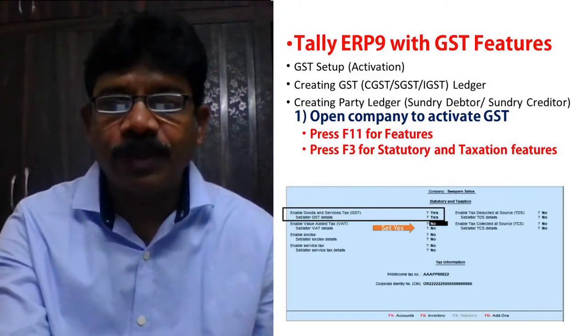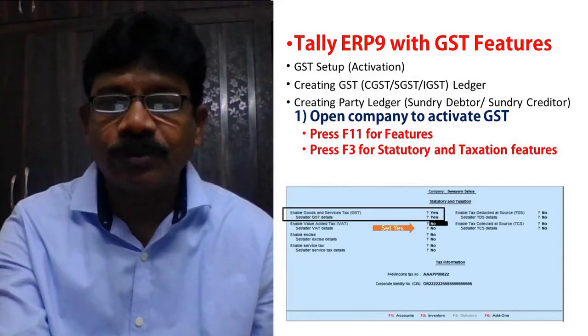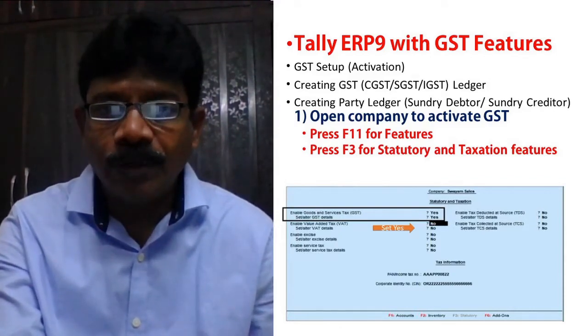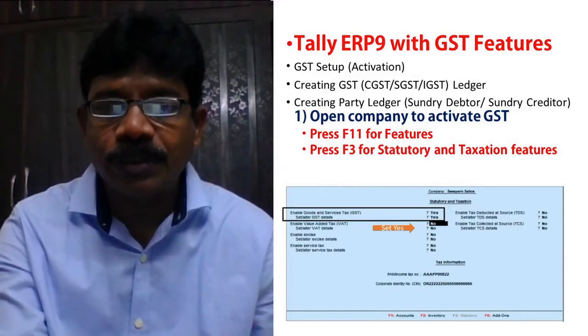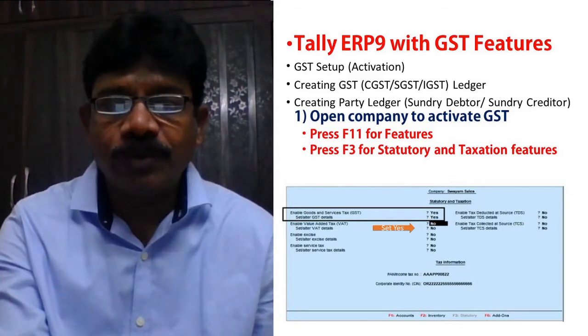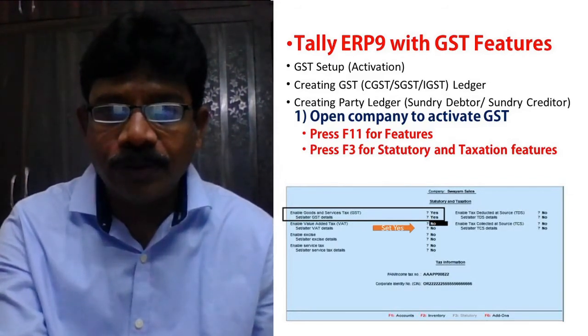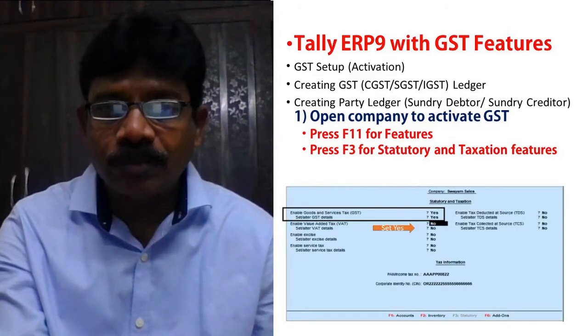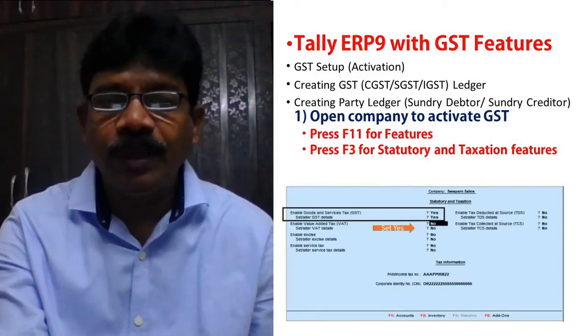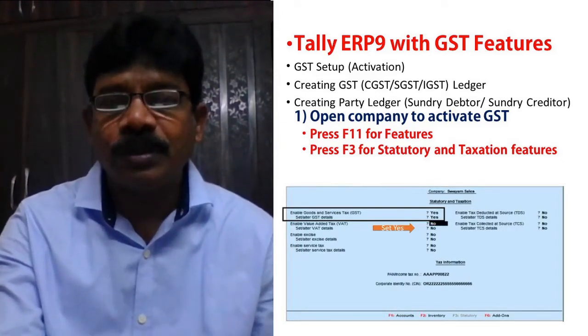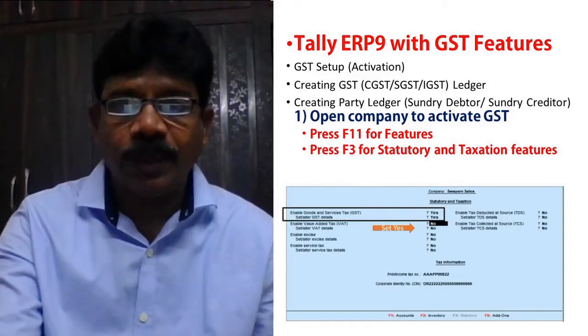Later press F3 for statutory taxation features. From that, the first one is enable GST, where we have to set yes. Another one is set or alter GST rates, that will be yes. Then the GST feature will be enabled automatically.